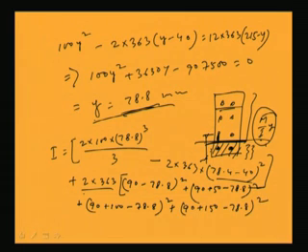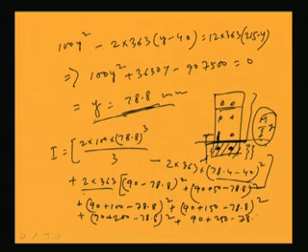Like this it will go on, up to plus 90 plus 200 minus 78.8 whole square plus 90 plus 250 minus 78.8 whole square. So, this will be the total moment of inertia.